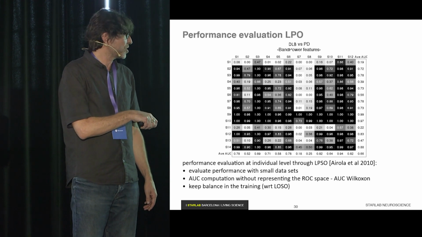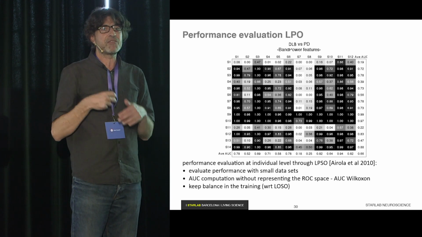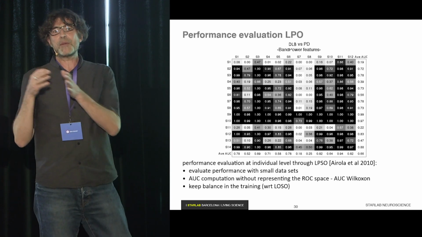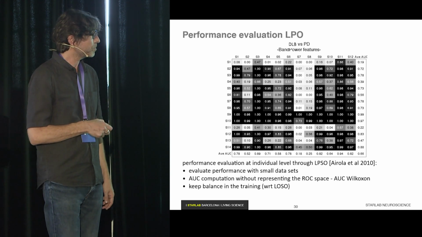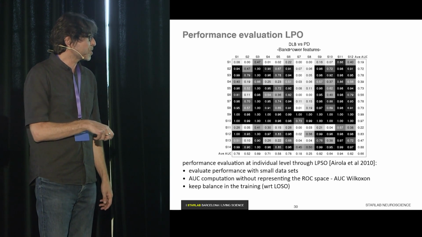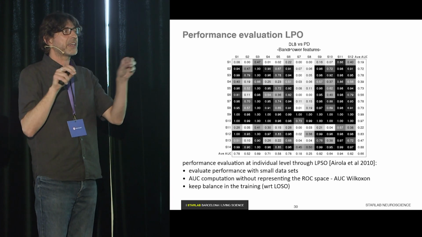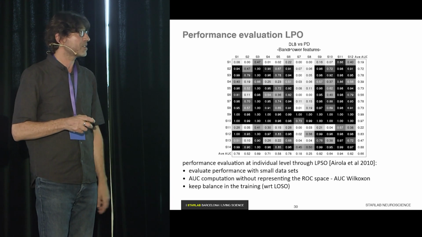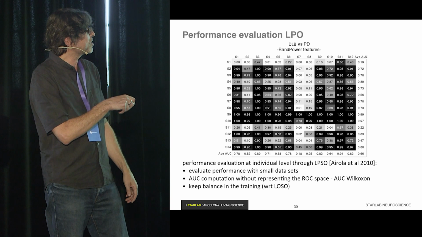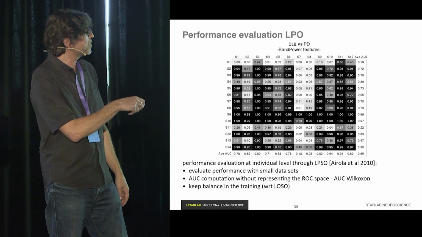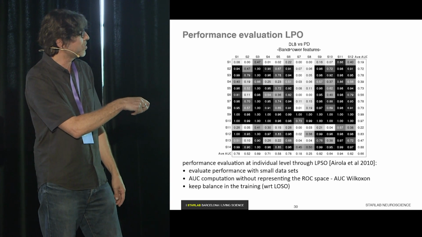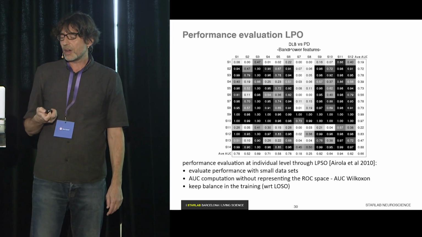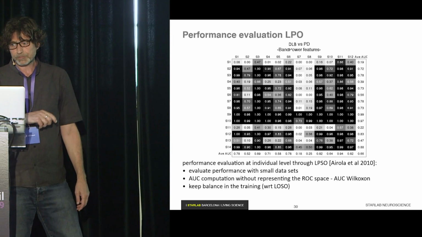It allows you, which is very interesting, to compute the area under the curve without having to go through the representation of the ROC space. And it keeps balance in the training set because you are taking one example of each of the classes. So what you have here is the subjects of one class, the subjects of the other class, and the obtained performance in terms of area under the curve when you are testing the system.